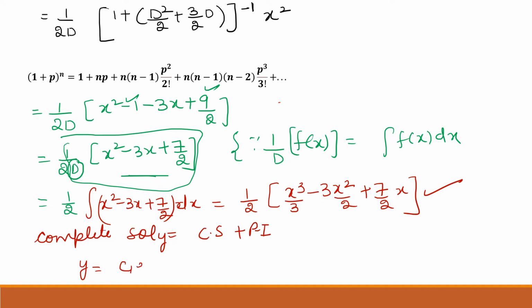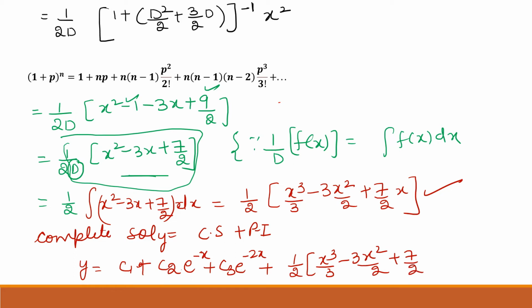So e power 0 means 1, plus c2 e power minus x, plus c3 e power minus 2x. Okay, and the particular integral we already know: 1 by 2 times x cube by 3 minus 3x square by 2 plus 7 by 2 x. This is our final solution.